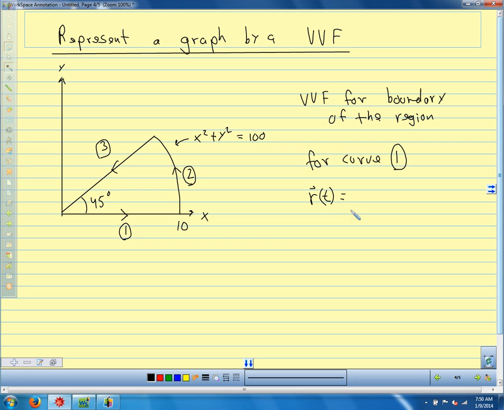What is y on this curve? 0. So do we need a y component? No. So what's the easiest way we can get from 0 to 10 for our x component? What do we want our parameter to be? How about t i?